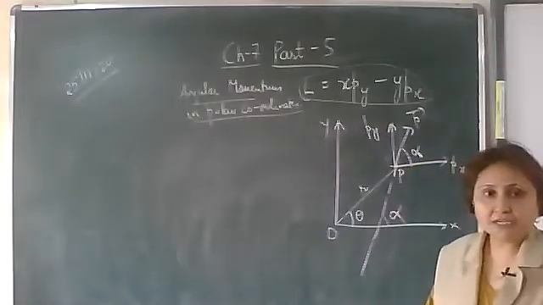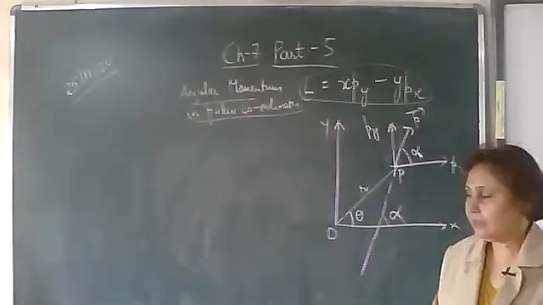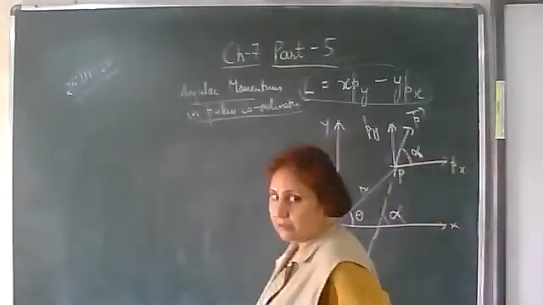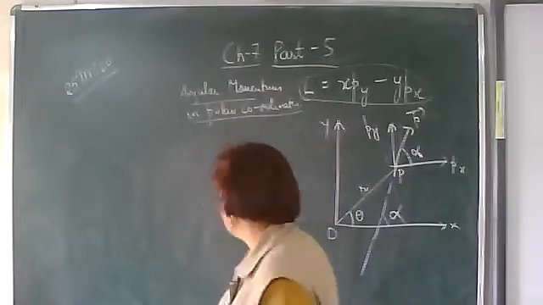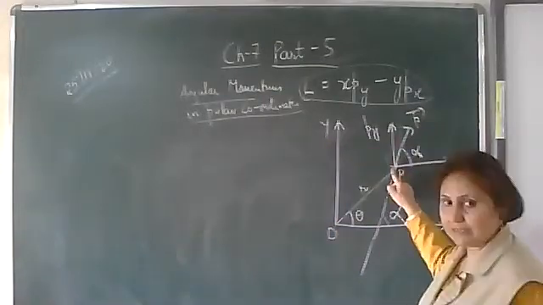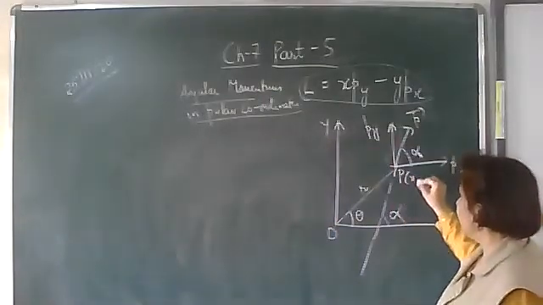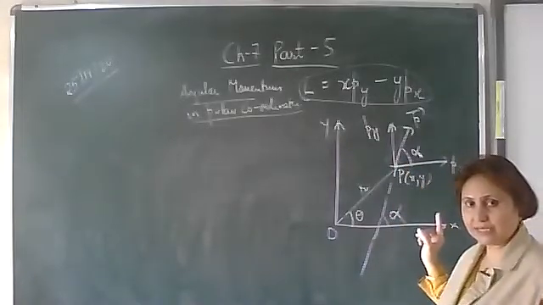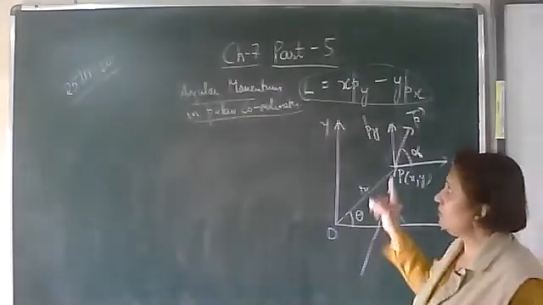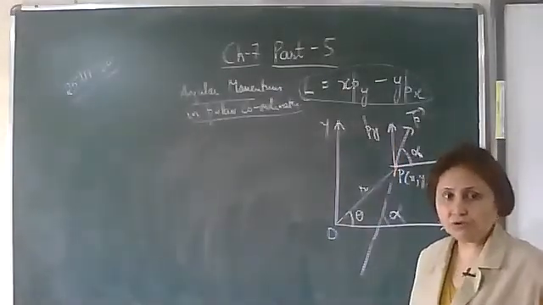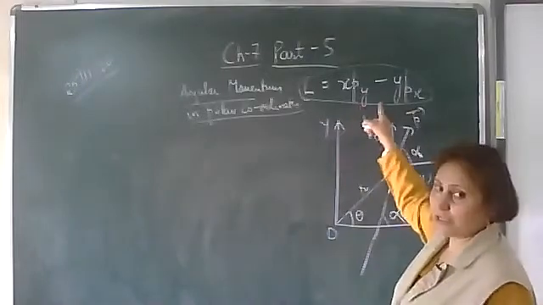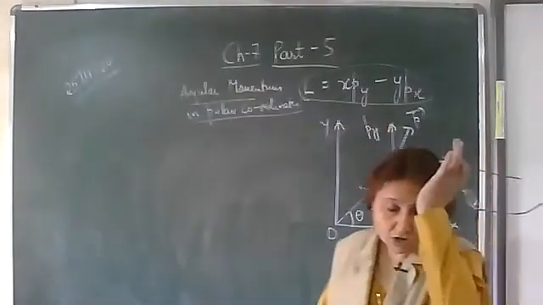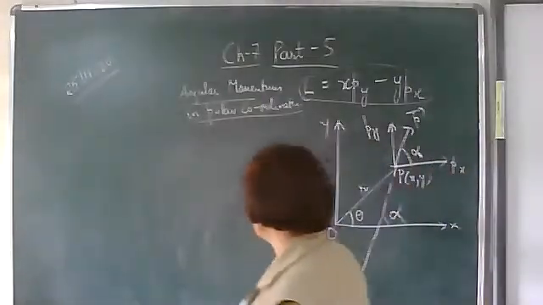Now let us resolve r into two components, with coordinates x and y, where x is equal to r cos theta and y is equal to r sin theta. We'll substitute in the formula in the same way as we derived torque in polar coordinates.